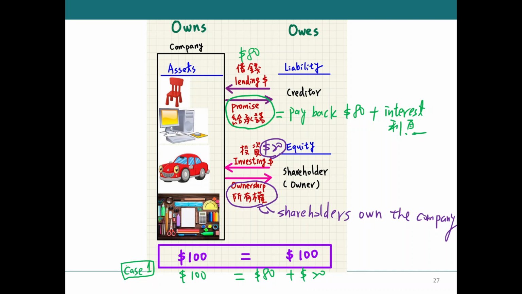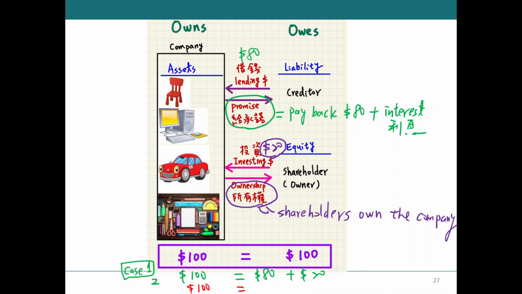Well, case 2. Still, you have assets $100. But when you try to borrow money from the bank, the bank thinks, okay, I don't trust you. I don't believe your company could pay the money back. So they are not willing to lend you $80.